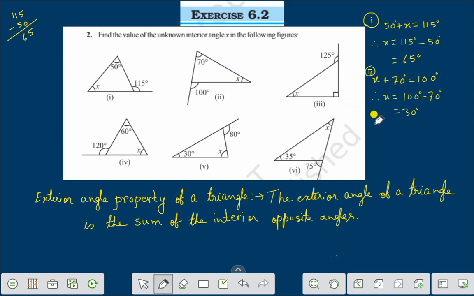Now question number 3. Here, this is the exterior angle, and this x and this angle are interior opposite angles. Here you see this angle is 90 degree, right? So this plus this is equal to 125 degree. Therefore, x plus 90 degree is equal to 125 degree.